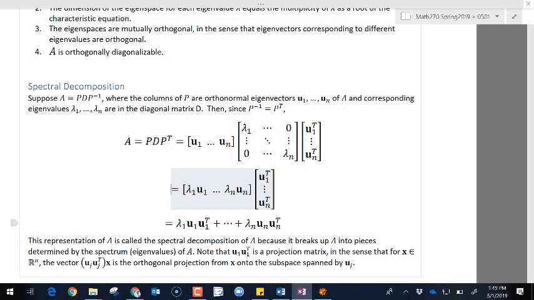The inner product is like a dot product and you get a scalar. The outer product, you actually get a matrix. And so what you're saying here is that you can rewrite your matrix as a linear combination of matrices, right? Your constants are going to be your eigenvalues, and your matrices are going to be the outer products of the corresponding eigenvectors.